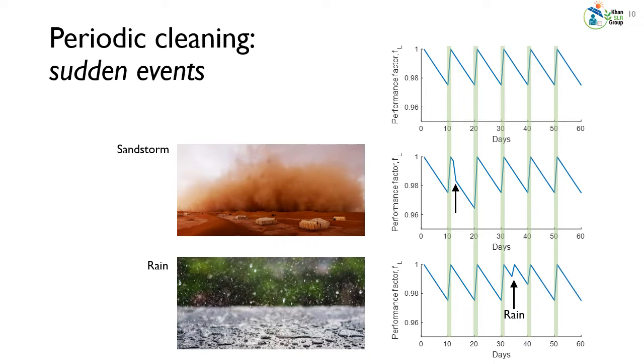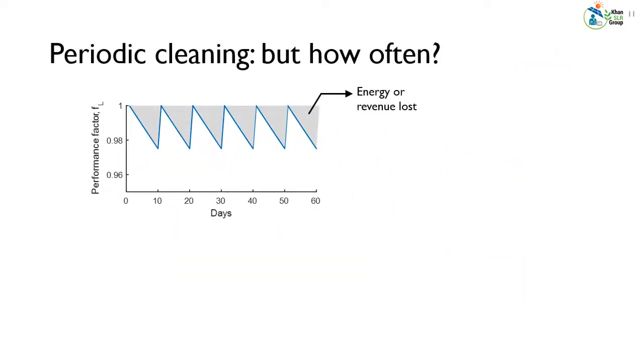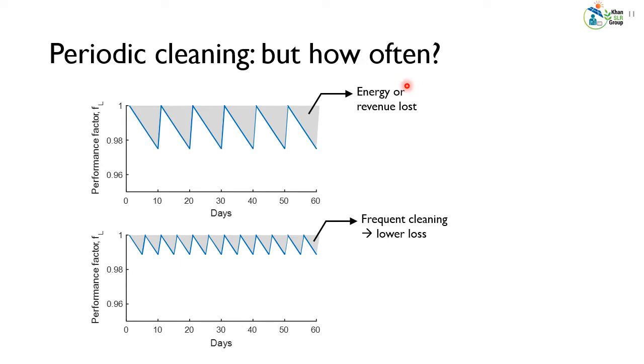So now that we understand the basic scenario of soiling, let's look into the energy output or the energy lost. The shaded region shown here actually integrates and gives you the net energy or revenue lost. If you clean the panels even more frequently, the energy lost would be lower.